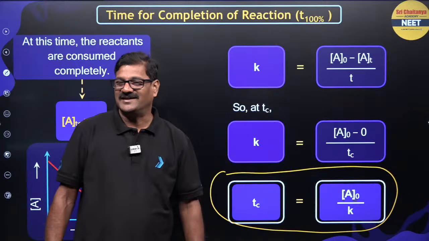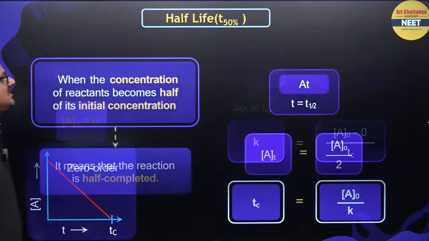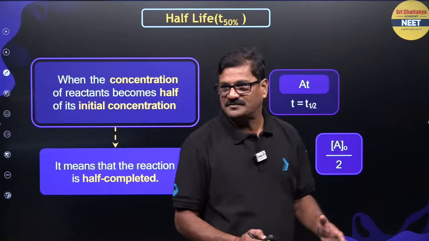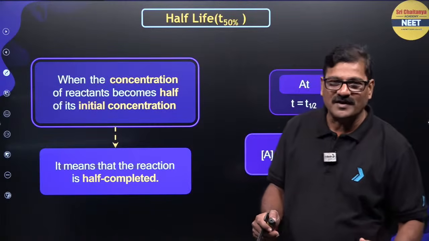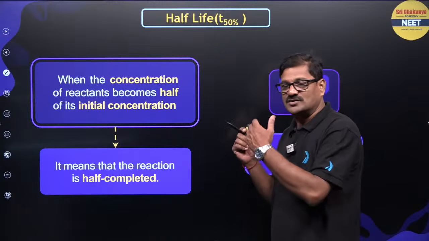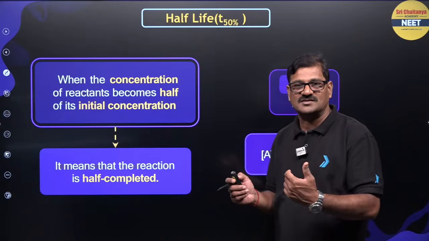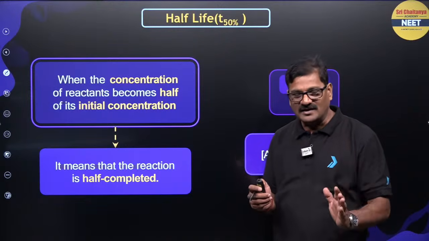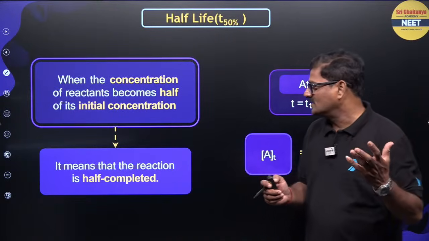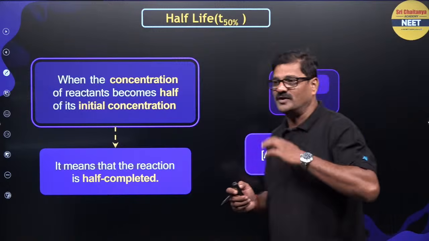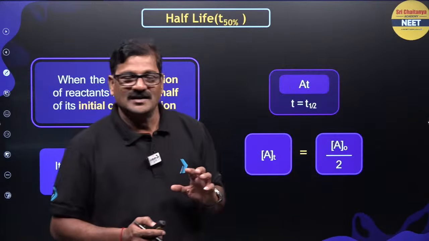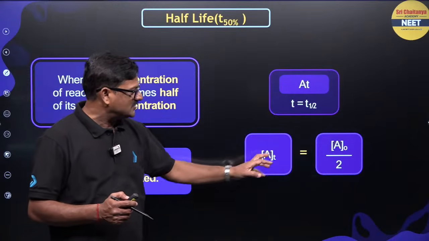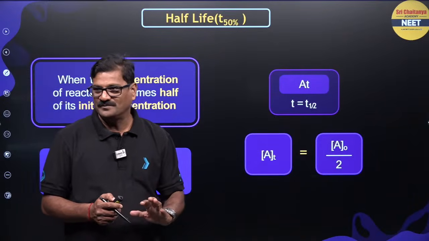Fine beta? Any doubt? And let us talk about a half-life. What is the meaning of a half-life? Half-life is the time required to consume the initial concentration to its half. 50% of the reaction करने के लिए time कितना देर लगेगा? So it means that the reaction is half completed. So at time t is equal to t half, AT is equal to A naught by 2, है ना?